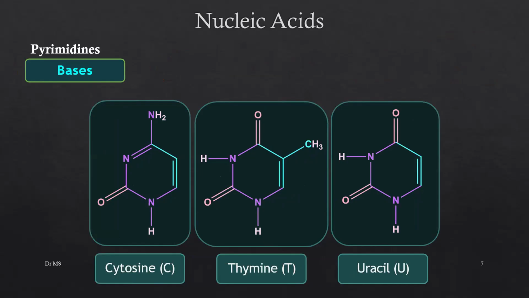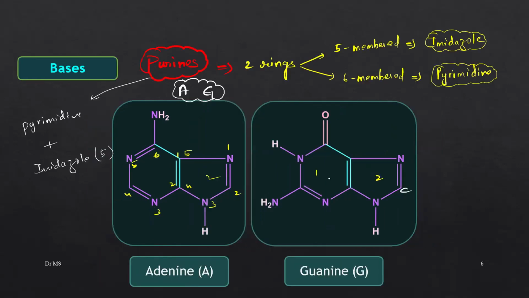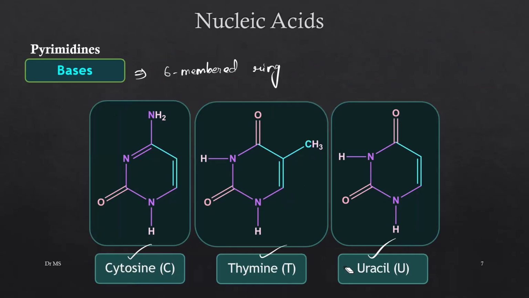So next one, pyrimidines. Pyrimidines are just a normal 6-membered ring. It is also helpful for forming the purines. What comes under pyrimidine is cytosine, thymine, and uracil. And remember, a purine always binds with a pyrimidine. Adenine binds with thymine, or with uracil in RNA. Guanine binds with cytosine.